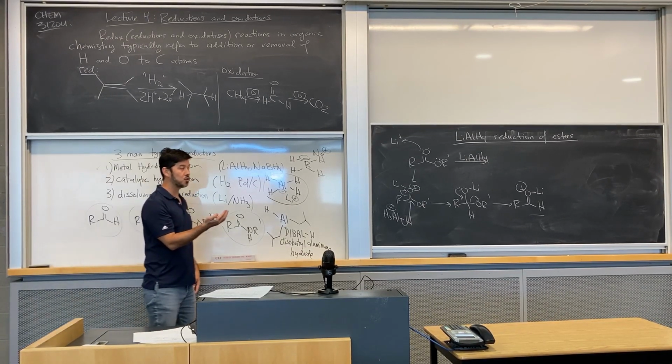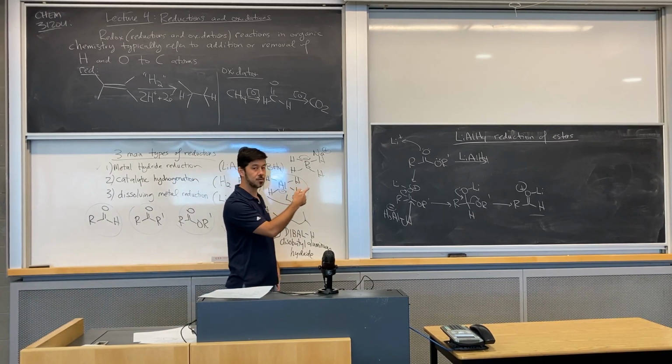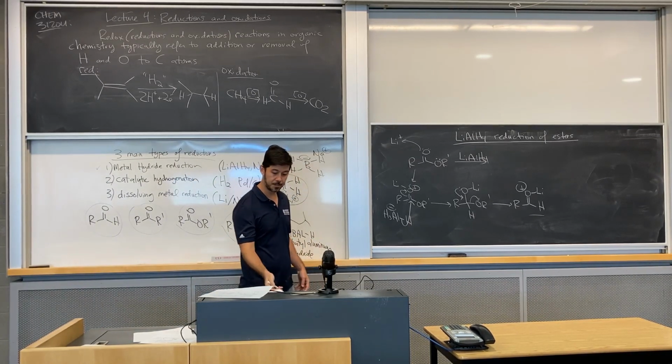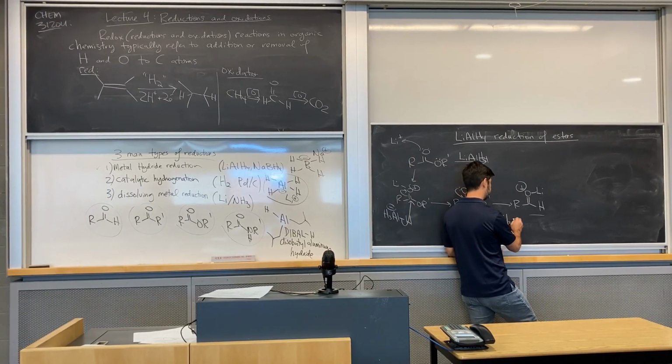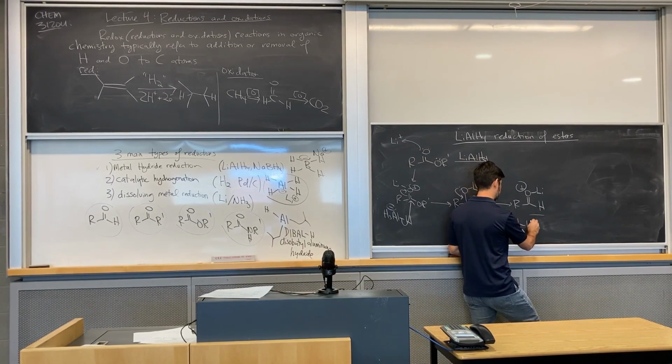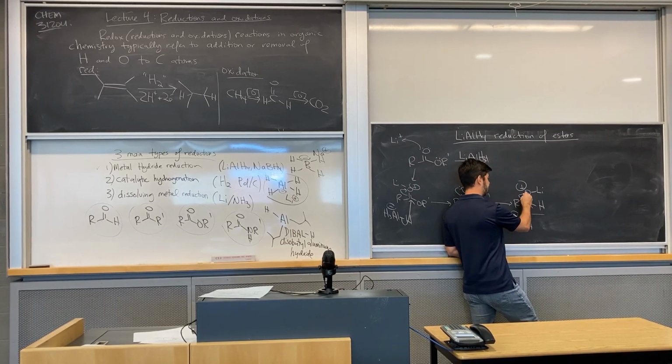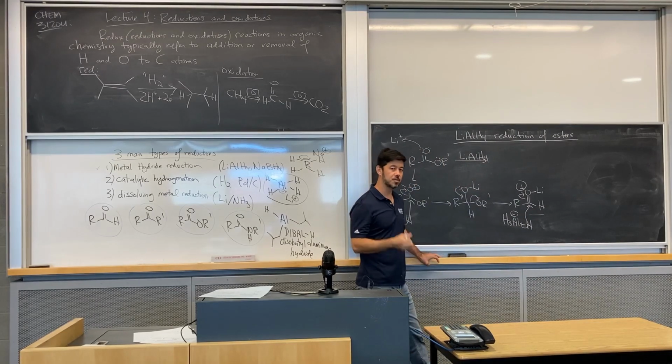The lithium aluminum hydride is now going to also reduce this molecule too. So you're going to get another molecule. This is going to come and almost immediately just react because it's just so electrophilic.